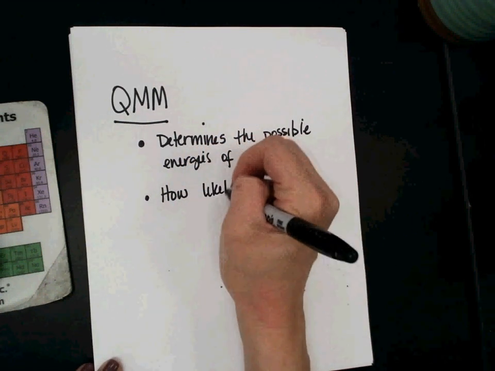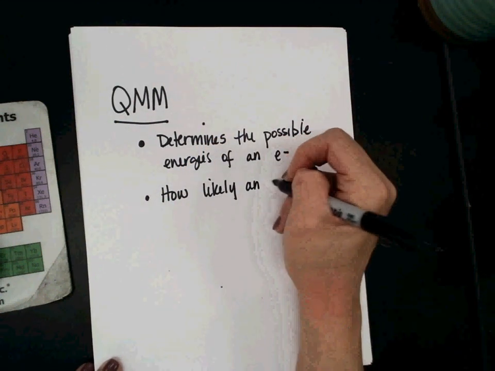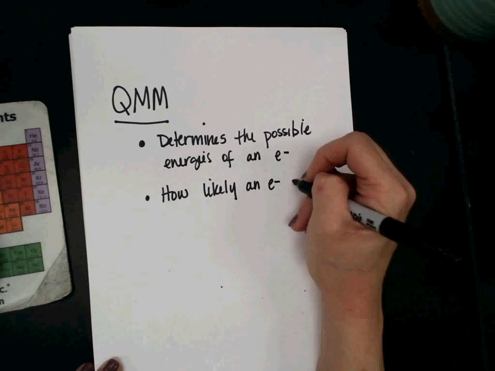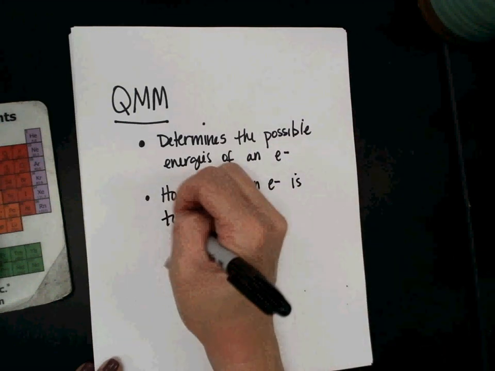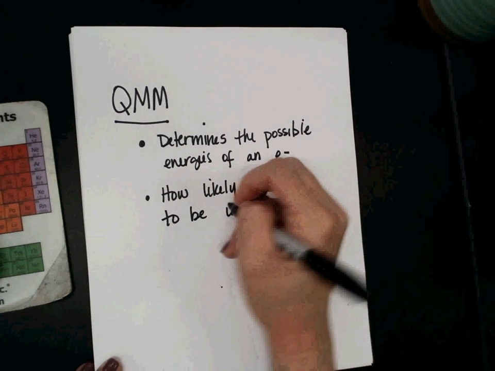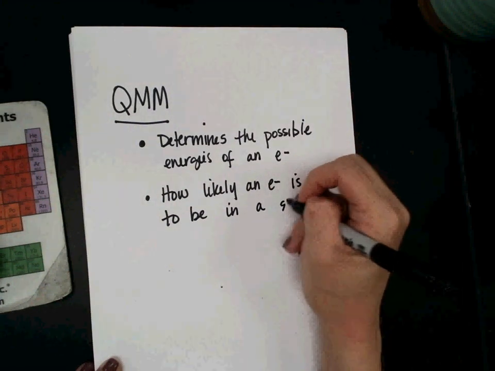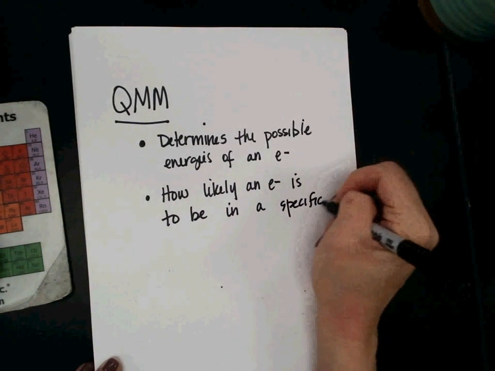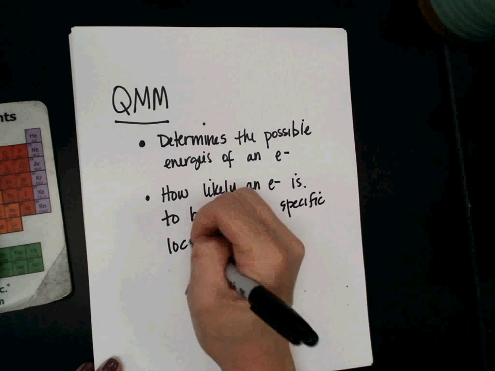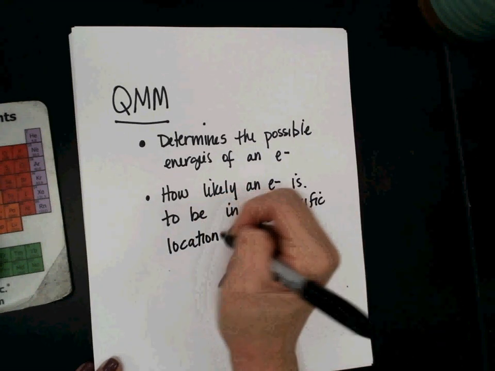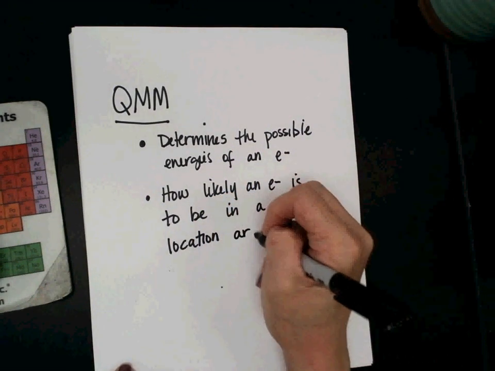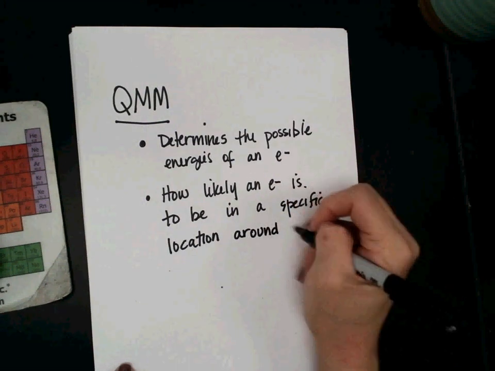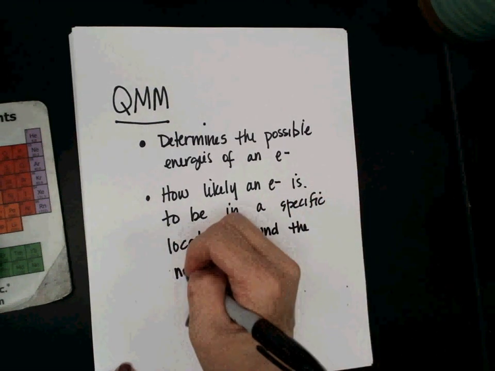It determines how likely an electron is to be in a specific location around the nucleus.